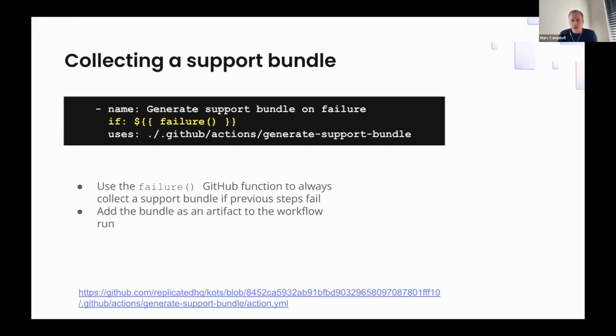A developer who's looking at why did this fail, there'll be an artifact attached to the bottom of that CI run. The link at the bottom, it's kind of a long link, actually shows how we're using this in COTS to generate a support bundle on failure of CI. And we're just using the failure GitHub function at the bottom and generating a support bundle if CI fails. And so it won't generate one every time.